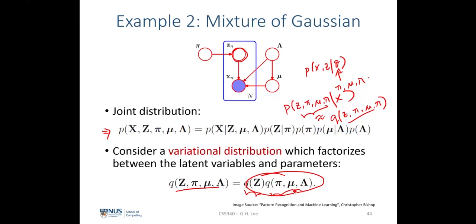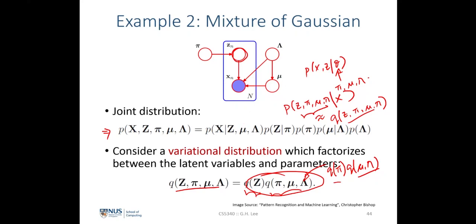We simply do this factorization only, and we can actually see from the graphical model that pi, lambda, and mu are independent. So we can think that this particular term here could be just q of pi and q of mu and lambda, since these two sets of unknown parameters appear to be independent in the graphical model.